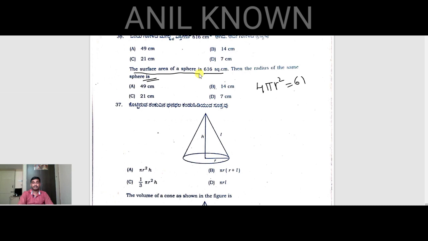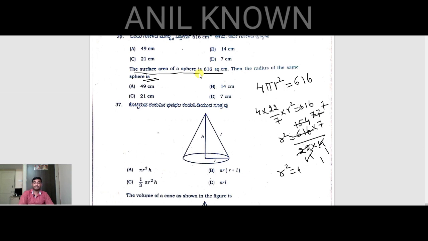Given 616, then 4 into 22 divided by 7 into r square is equal to 616. r square is equal to 616 into 7 divided by 22 into 4. 4 1s are 4, 4 5s are 20, 4 4s are 16, and 2 11s are 22, 11 7s are 77. So 7 into 7 is 49, and r is equal to square root of 49, then r is equal to 7. Therefore, 7 centimeter is the correct answer.